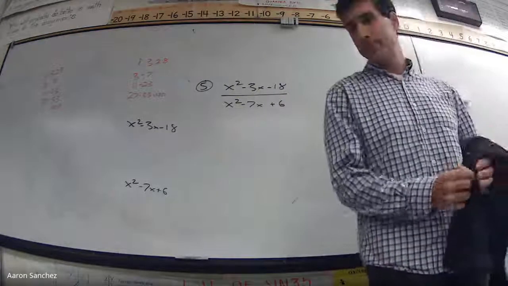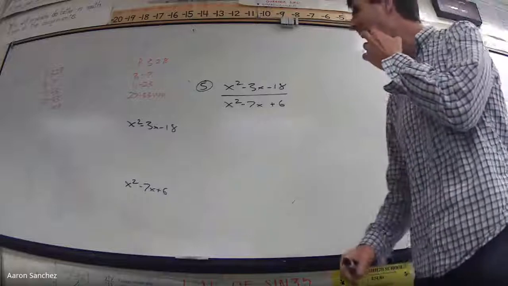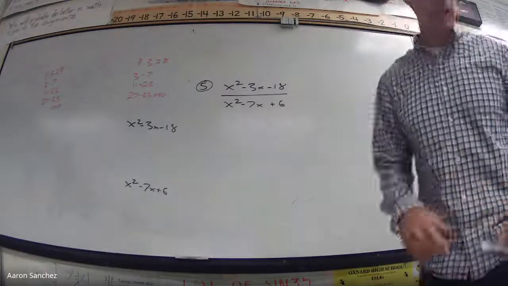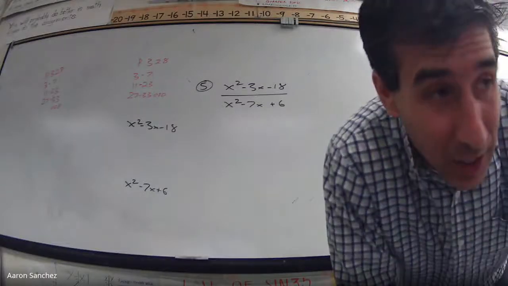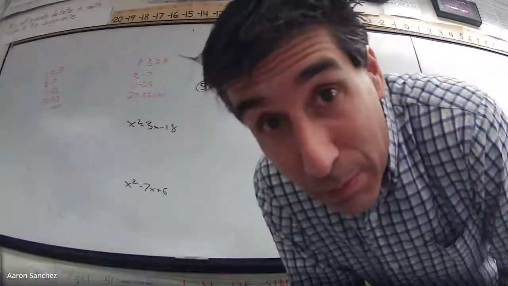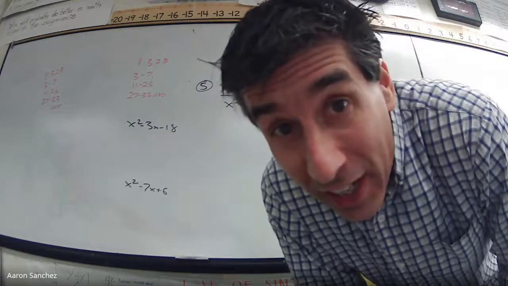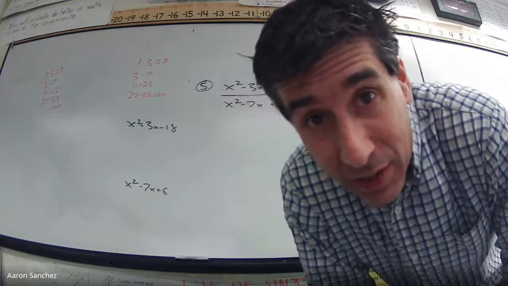Elise, can you hear me? Yes. All right. Everyone else, you guys do it too, okay? Do this for practice. You have to make sure you know how to factor. If you can't factor, this is impossible. It's going to be the hardest thing you've ever done. If you can factor, it's the easiest thing you've ever done.